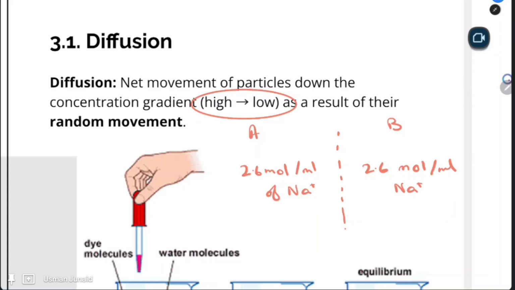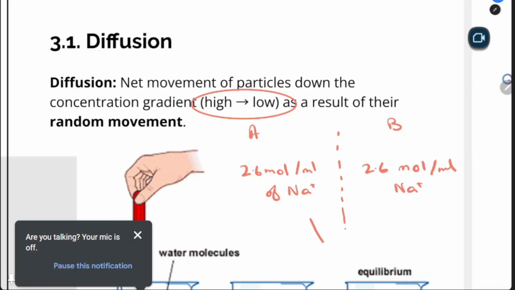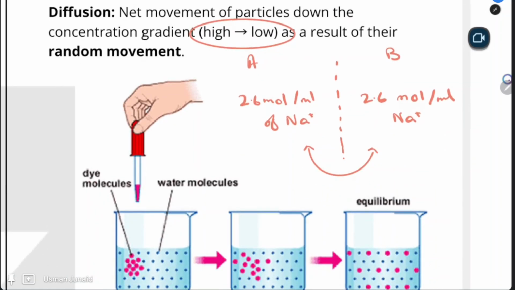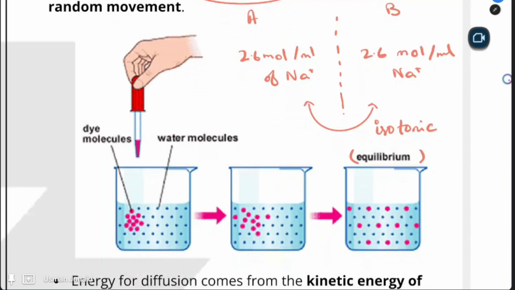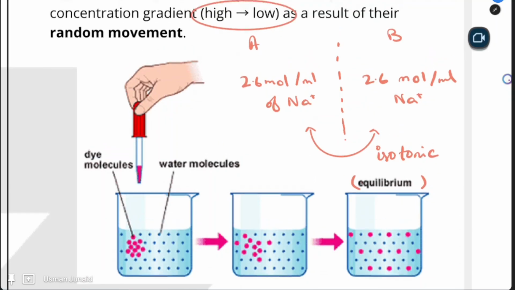If the movement is stopping, the two solutions will be called isotonic. And this place where they will be is called equilibrium. They will come to an equilibrium. There will be no movement of the substance anymore, right?